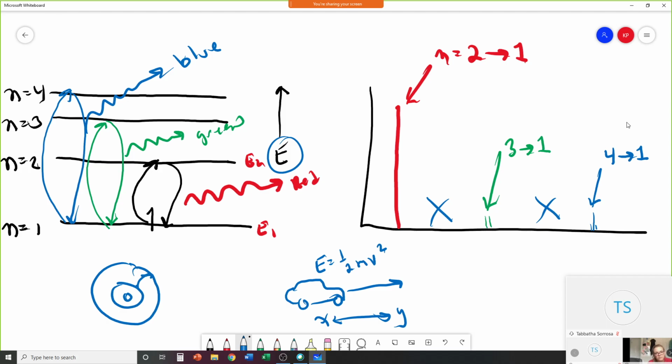And Rydberg comes along and says, you know what, I have an equation for you, and it goes like this: the energy is some constant known as the Rydberg constant, R sub H, times 1 over n squared final minus 1 over n squared initial.